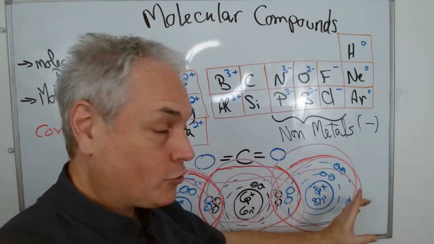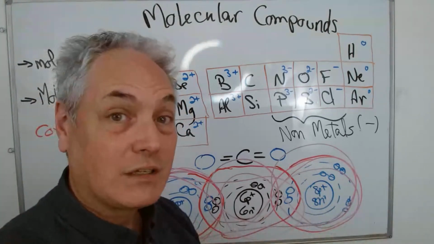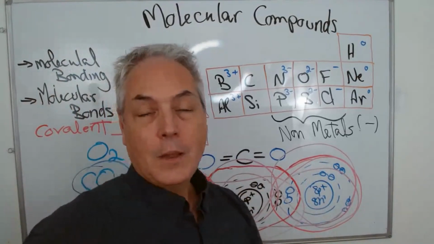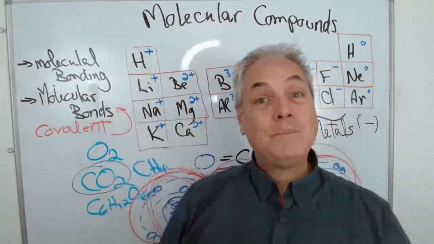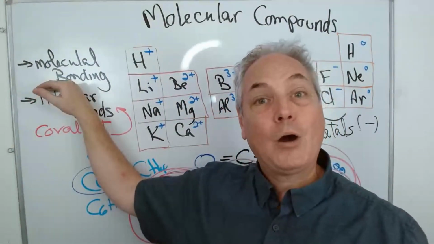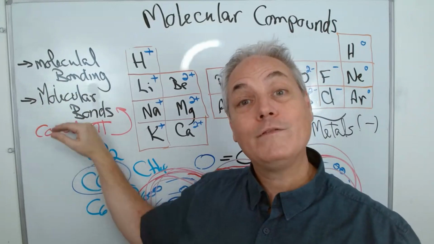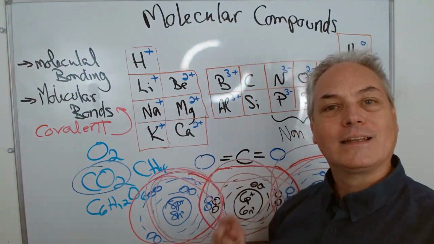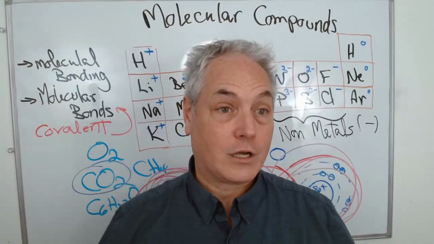But as soon as you see 1 electron there, it already is somewhere else because of their speed. And therefore, you end up with a very stable molecule that is called a molecular compound because there's molecular bonding happening. We have molecular bonds or covalent bonds between the carbon and the oxygen. And that's how we get the molecular compounds.